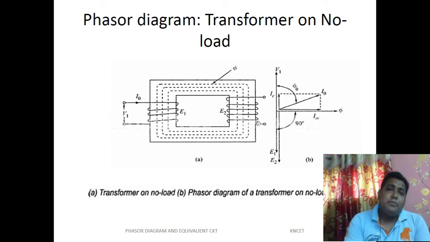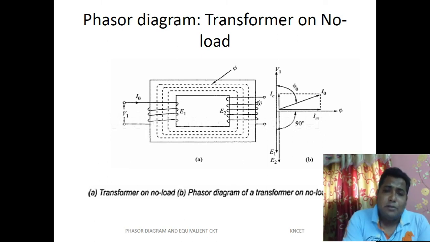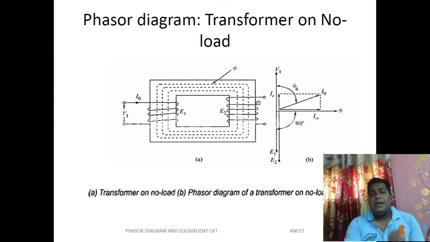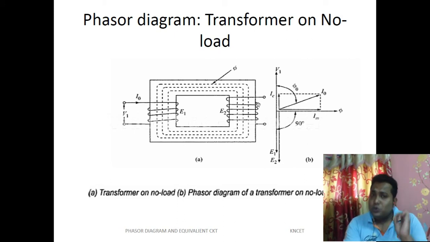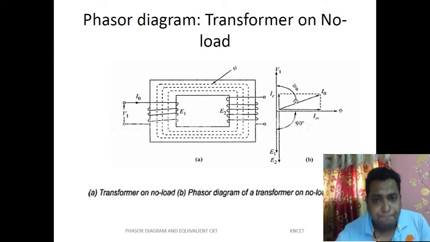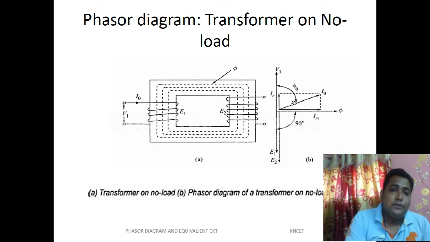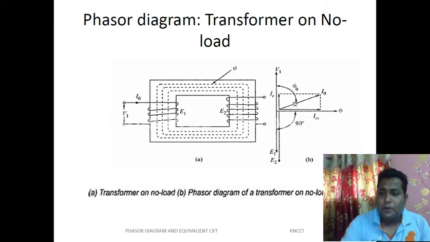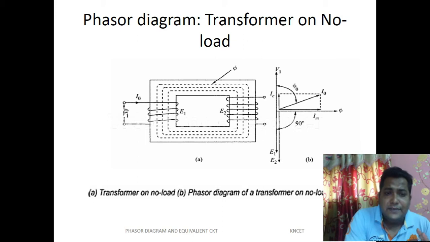What are the components? The AC components present here are the ones we have to identify and plot. First, there is the V1 supply voltage, and due to that a current I0 is flowing, which is also a component. When this current flows, the flux phi is generated, that is also a component.